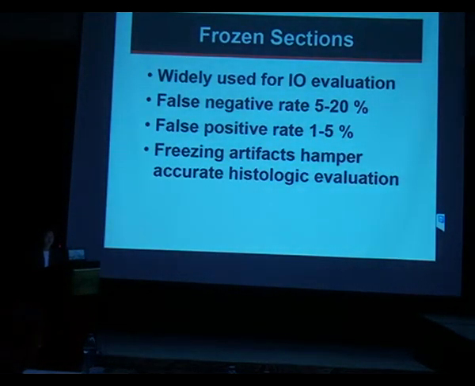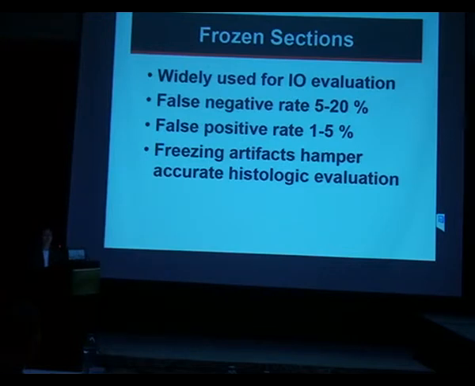Frozen sections are widely used. False negative rates can be up to 20%. False positive rates are usually quite low. Freezing artifacts hamper accurate histologic evaluation, but many times we are not trying to classify an intraductal lesion. So if we are doing a frozen section for an already established diagnosis of high-grade DCIS, and I see intraductal epithelial proliferation with high-grade nuclei, I'm going to recommend additional margin.